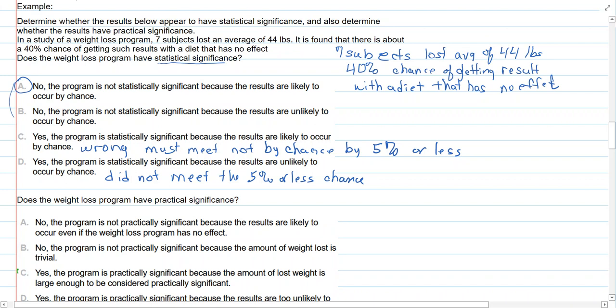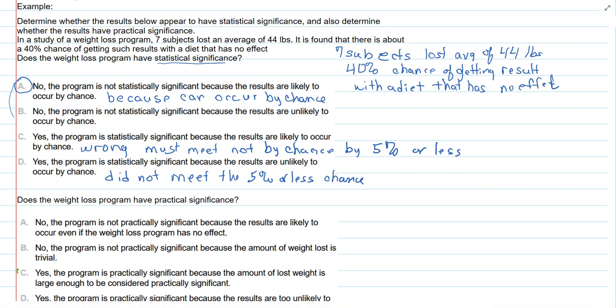Because it can happen by chance, it is not statistically significant. All right. And of course, the other one says unlikely to occur by chance, so no, the program is not statistically significant. Double negative, meaning that it is. And we know that's not true.